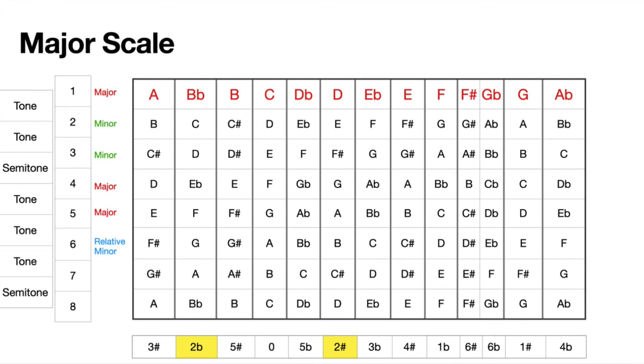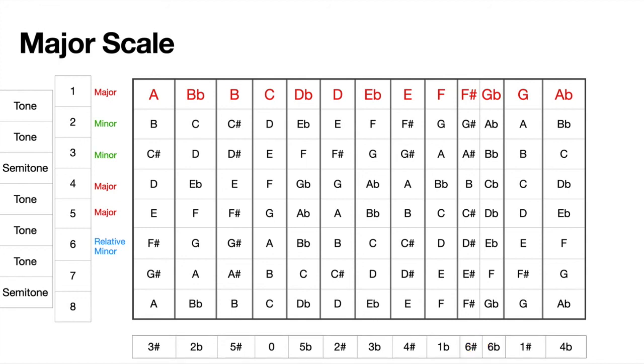And if there's 2 sharps in the key, it's D. 3 sharps is the key of A. 3 flats is the key of E flat. 4 sharps is E. 4 flats is A flat. 5 sharps is B, and 5 flats is D flat. And 6 sharps or flats is either F sharp or G flat. Remember, they're both the same key. It's just 2 different ways of naming it.